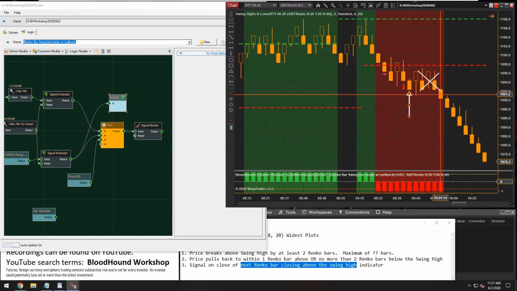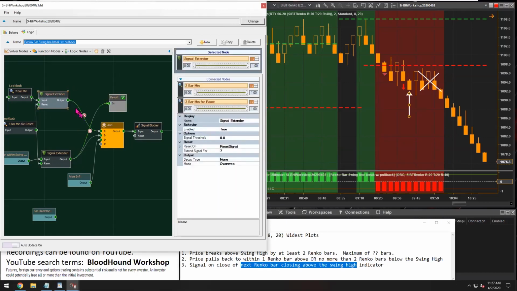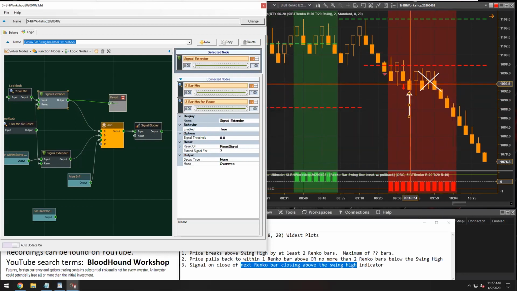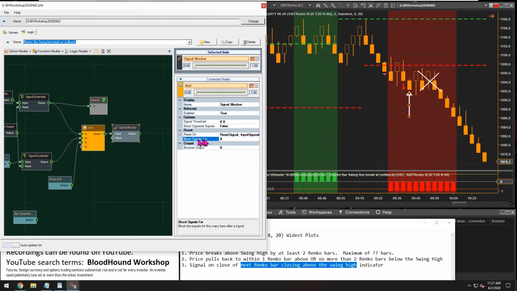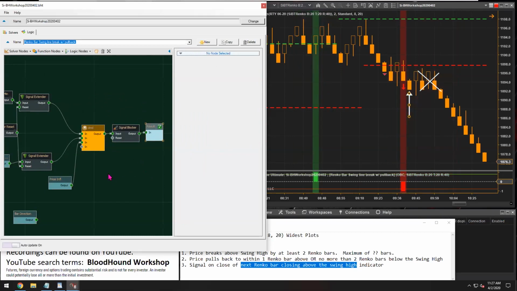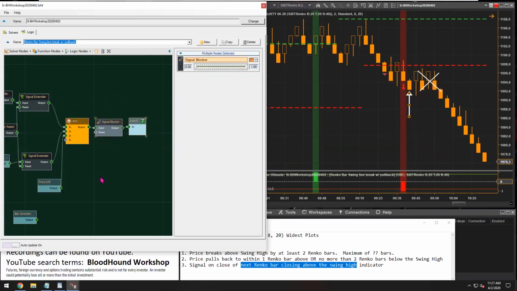So that was only 6, whereas this other signal extender above it was extending for 8 bars. Actually, let's see, 1, 2... yeah, 8 bars. So I'm taking our signal extender and blocking it for 8 bars. And that should take care of it. Adjust all that.